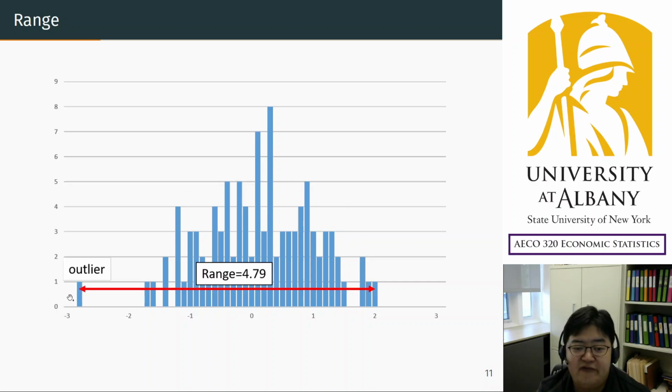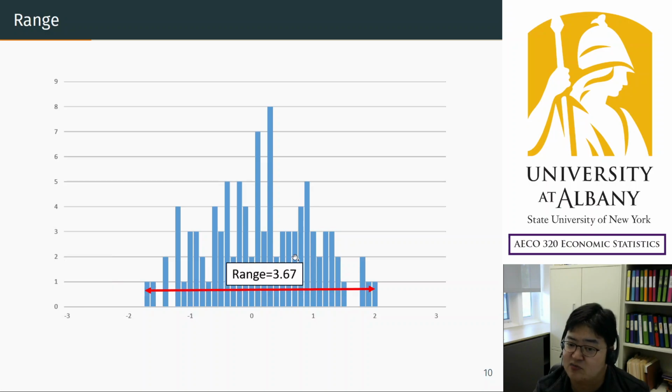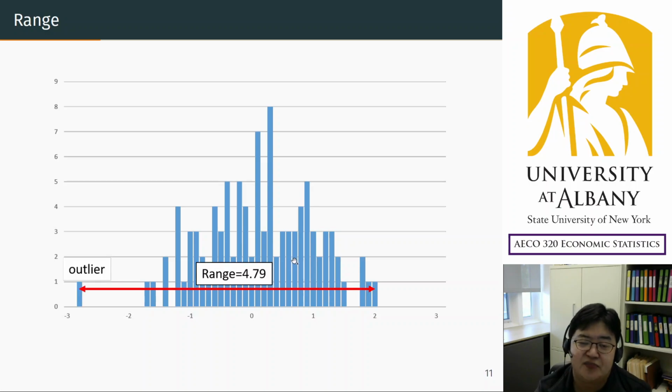But if you happen to have one outlier here, suddenly this much range is added. The data is pretty much the same, but just one observation can make this much difference, which is not ideal, right?